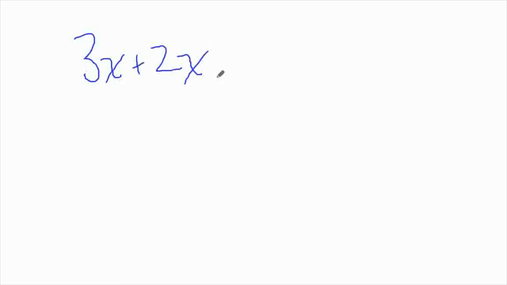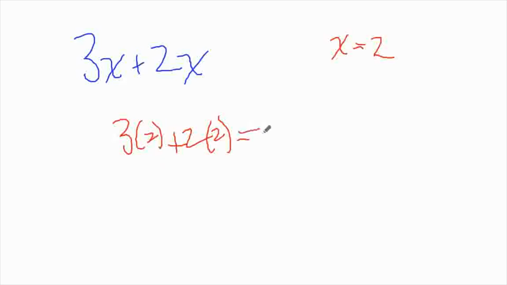Now let's say that we also knew that the value of x was, this time let's say it's 2. All right. Now you could plug in 2 and evaluate this expression, and you would get 6 plus 4, or 10. And everything would be fine.